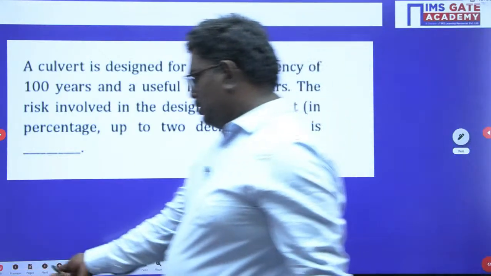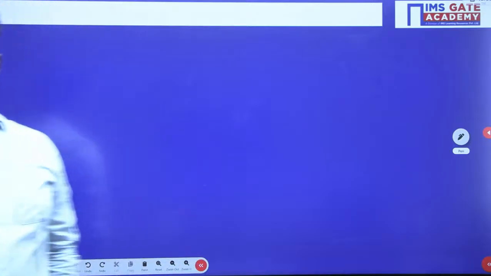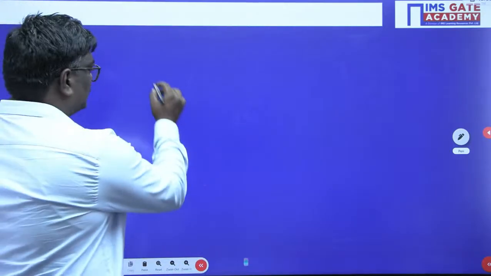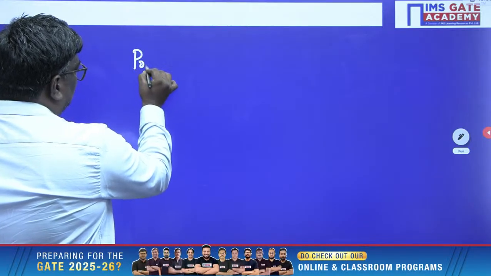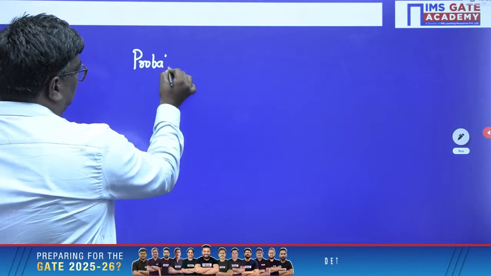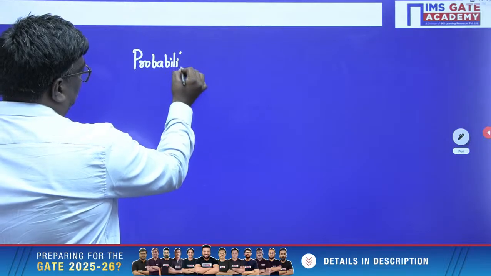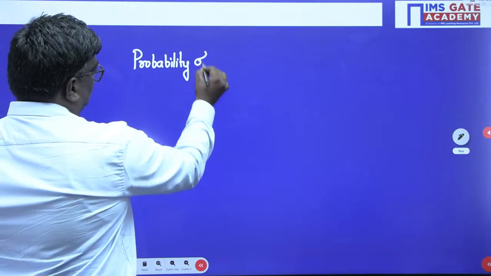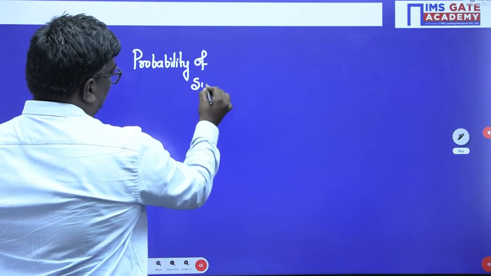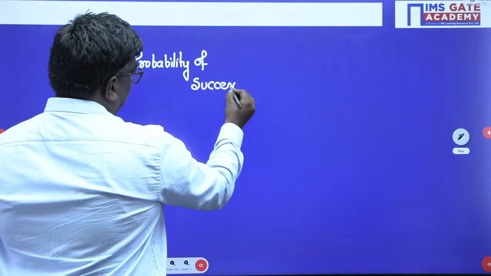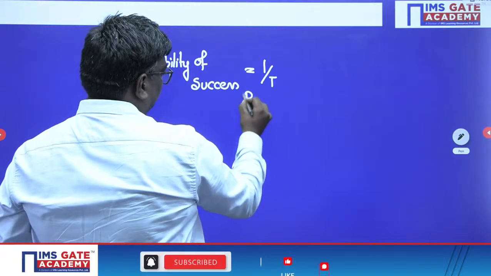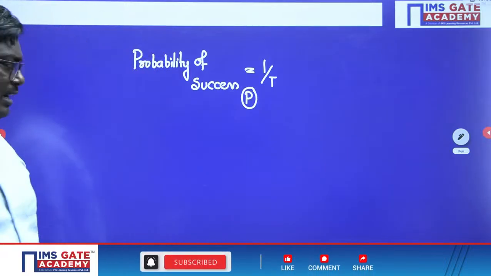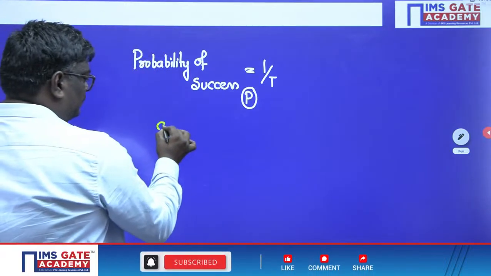Okay. Now see, students, first of all, whenever these kinds of questions are given, you should know that the probability P is given by the formula P equals 1 upon return period. And let me tell you what Q is, sir.